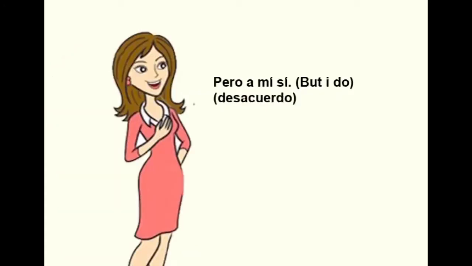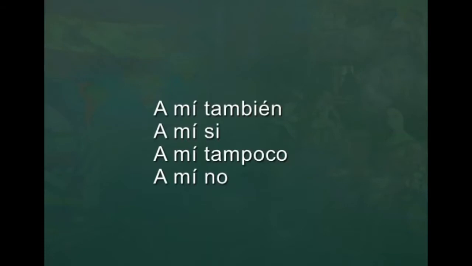Paula likes coffee, so she says, pero a mí sí. A mí sí. Of course I do. So you know how to agree or disagree with what has been said. So you have también, tampoco, a mí también, a mí sí, a mí tampoco, a mí no.